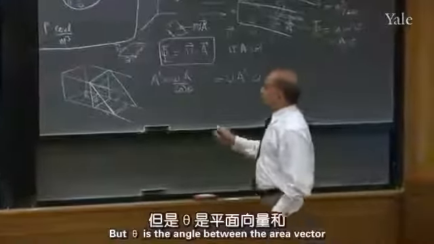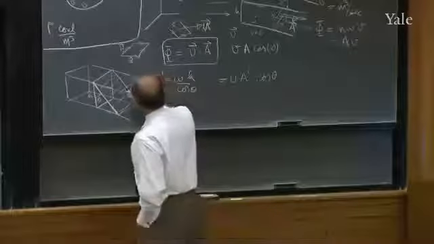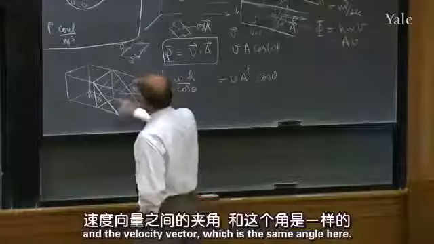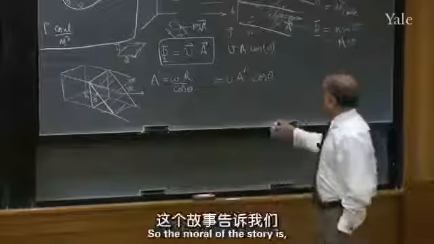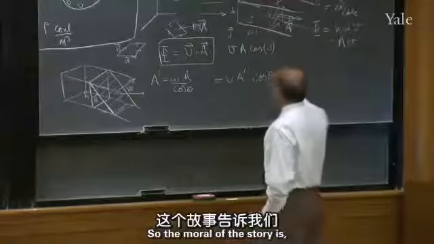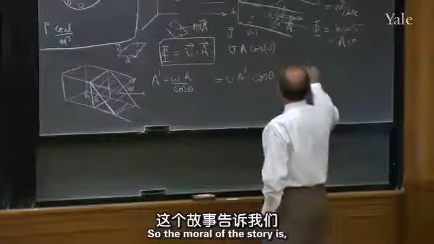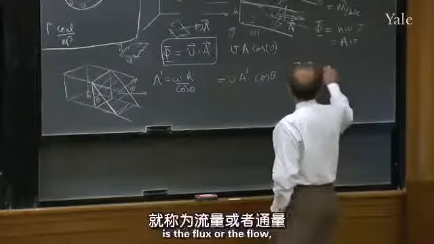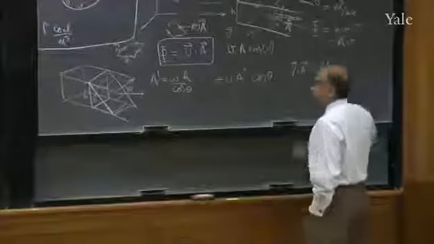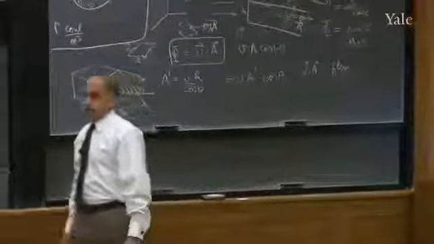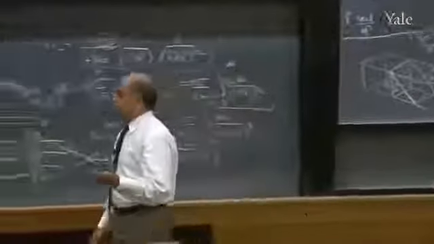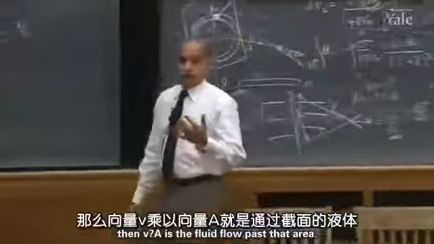But theta is the angle between the area vector and the velocity vector, which is the same angle here. So the moral of the story is v dot A prime, or v dot A in general, is the flux, or the flow of any vector across an area. If it's a fluid that's flowing, then v dot A is the fluid flow past that area.